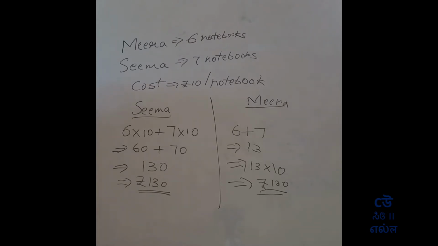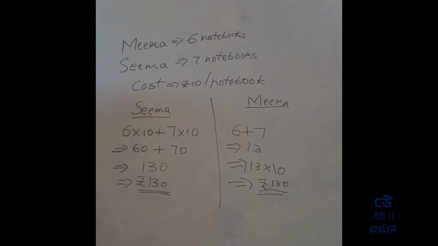The answer you got in both calculations was the same, right? But the method is different. There was another friend called Appu.